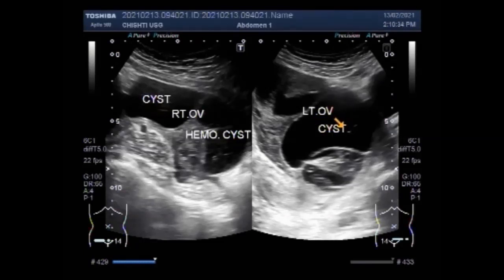This is a simple cyst. This one is a hemorrhagic cyst. You can see the multiple internal echoes in this cyst due to the bleeding. This is also a hemorrhagic cyst. So both sides show multiple ovarian cysts.